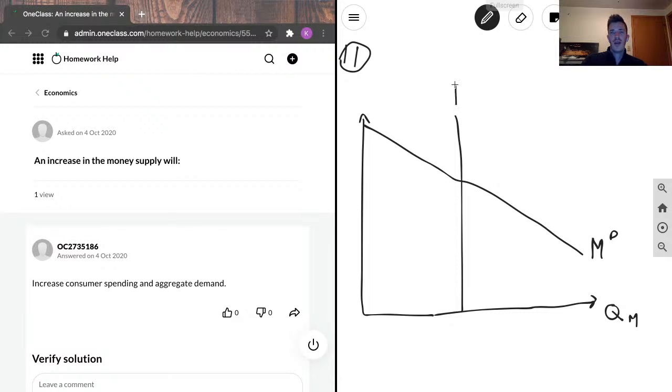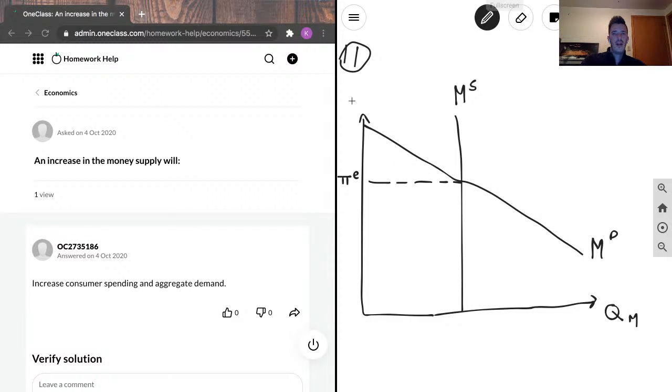This is our supply of money, MS. The point where they meet is going to be the nominal interest rate.